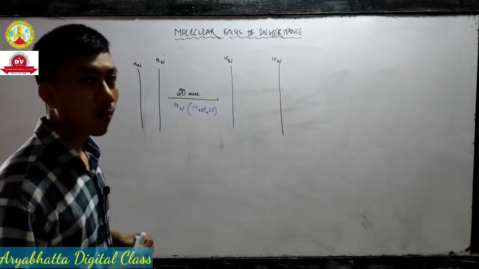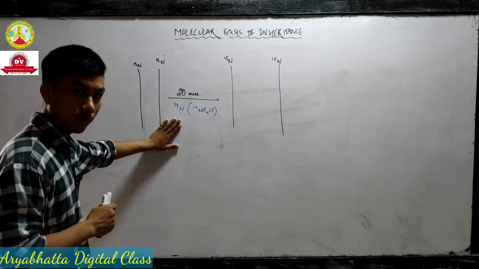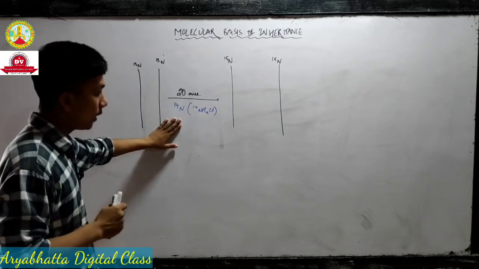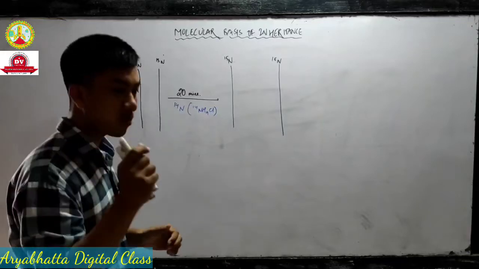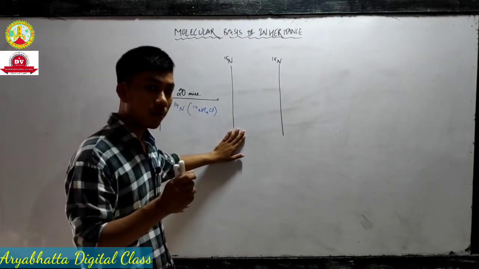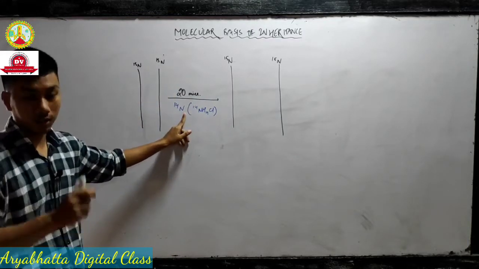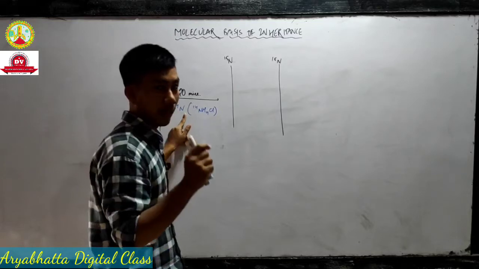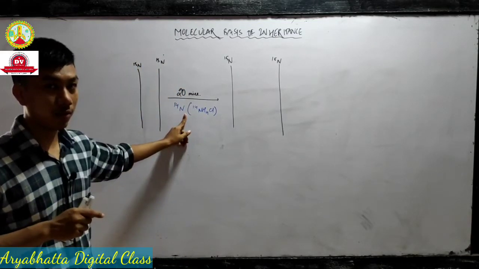Next, they allowed them to reproduce again with normal nitrogen. They found out that each strand synthesizes a new strand, but that new strand will contain N14, because they applied the normal nitrogen.